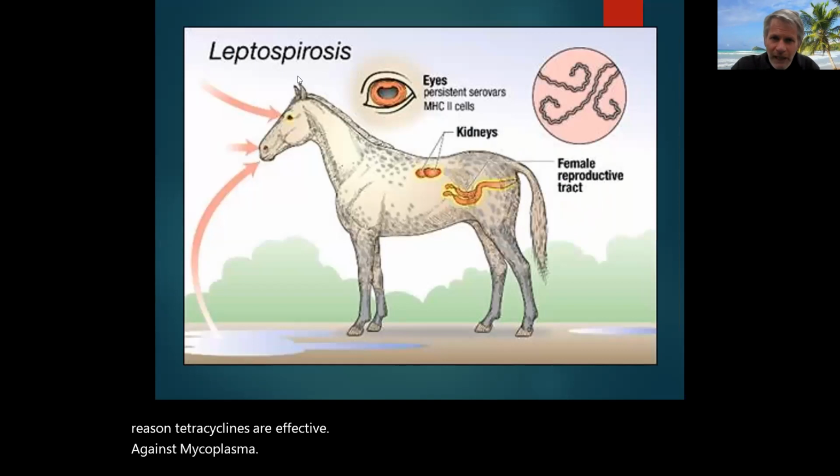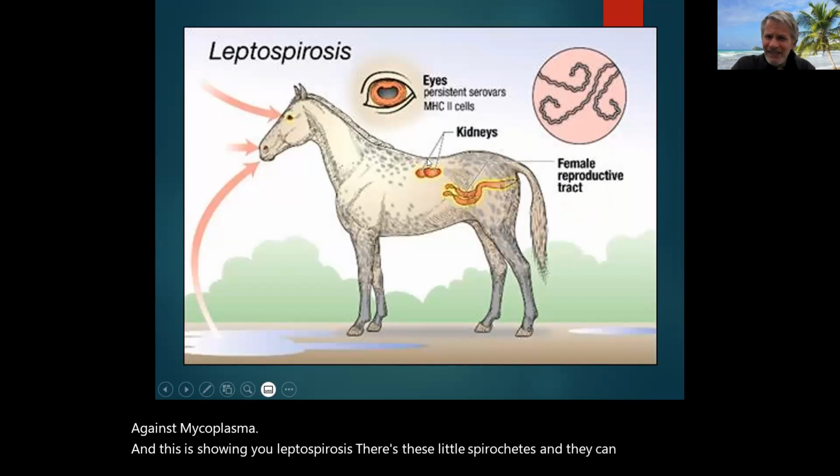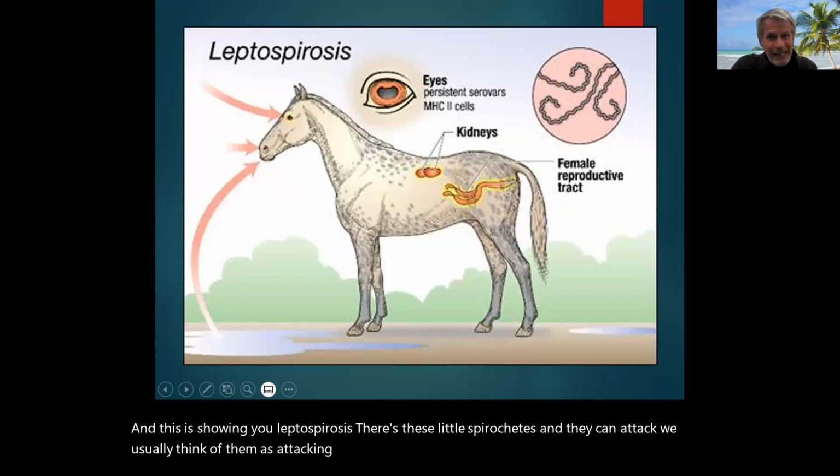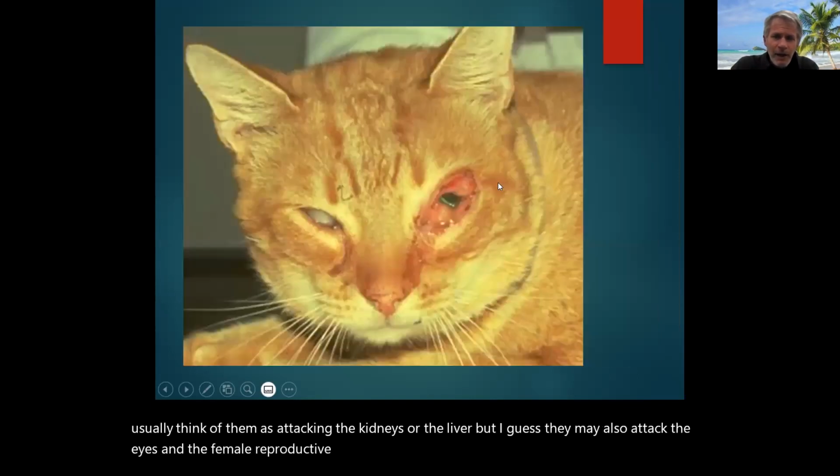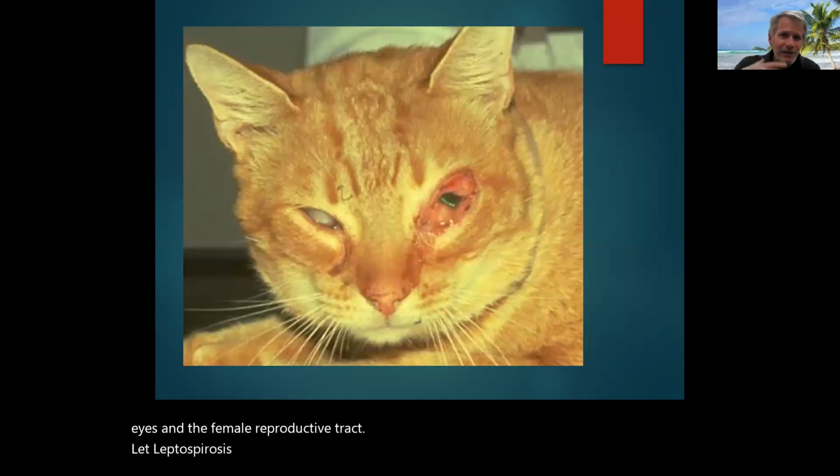And this is showing you leptospirosis. There's these little spirochetes, and they can attack. We usually think of them as attacking the kidneys or the liver, but I guess they may also attack the eyes and the female reproductive tract. Leptospirosis, you can get it, I can get it, dogs, horses, cows.